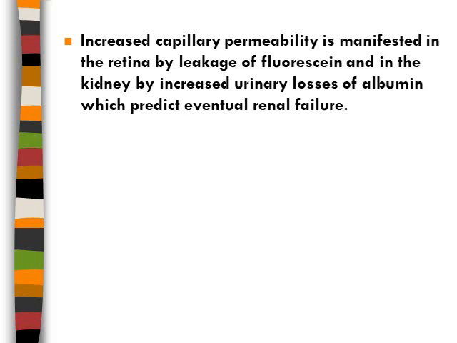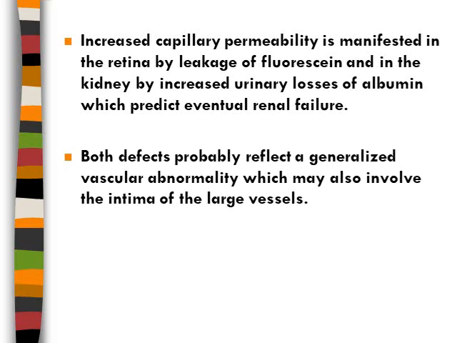We see leakage of fluorescein, or leakage of blood into the retina using a fundoscope, and by determination of microalbuminuria or macroalbuminuria on urinary examination, we may predict nephropathy in these patients. Both defects probably reflect a generalized vascular abnormality which may also involve the intima of the large vessels.